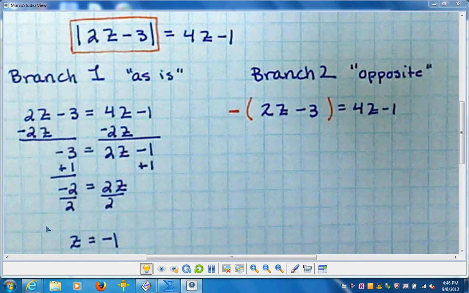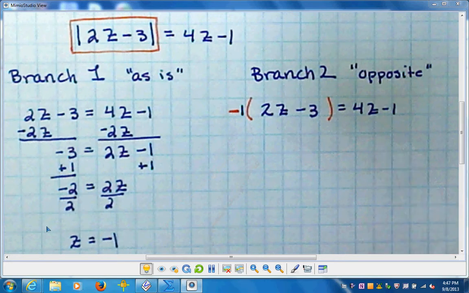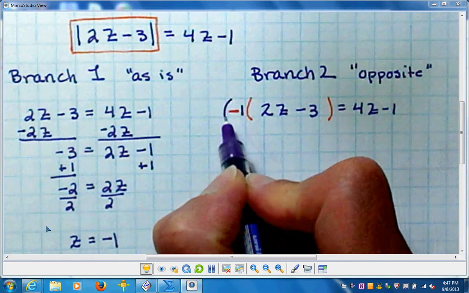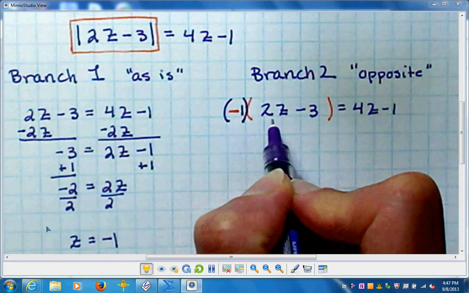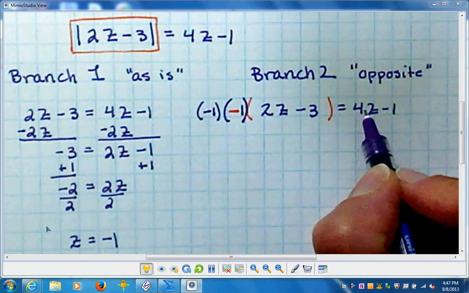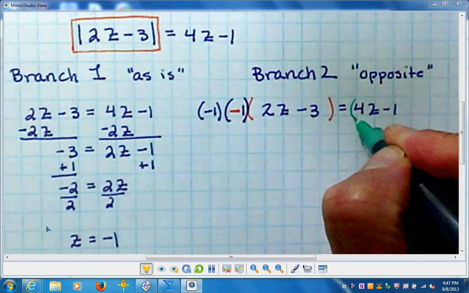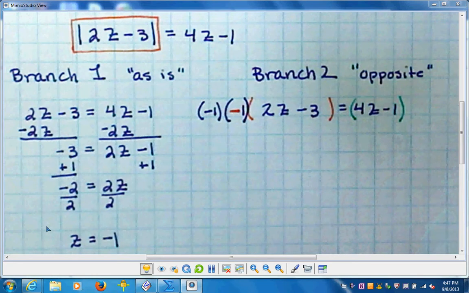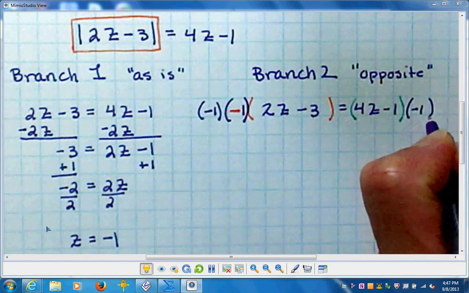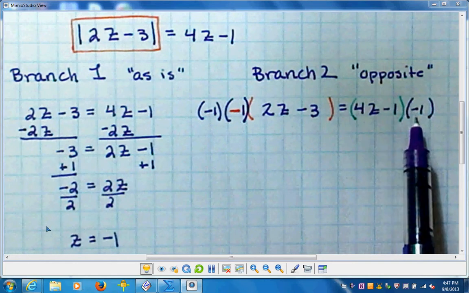What I'm going to do instead is multiply both sides by negative 1. So remember, this is negative 1 times that quantity. So I'm going to multiply this side by negative 1, which means I'm going to multiply my other side by negative 1. Again, remember, this is one number. 4z minus 1 is one number. I'm going to also multiply that by negative 1. It's balanced. What I do to one side, I do to the other.